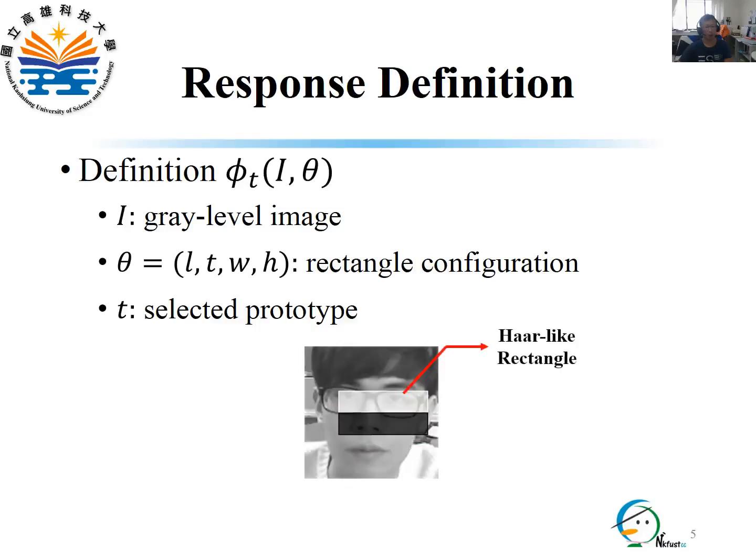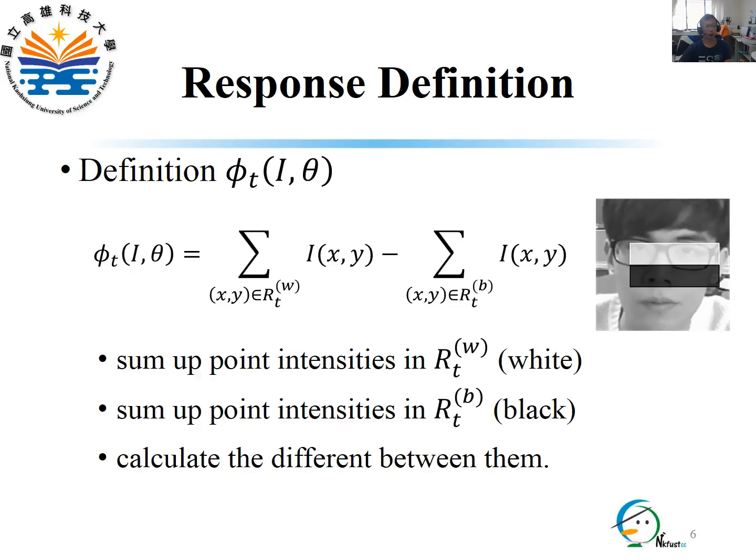The rectangle with a Haar-like prototype is called the Haar-like rectangle, which consists of several black and white rectangles. φ_t(I, θ) is defined as the difference between the sum of pixel intensities in white rectangles and the sum in black rectangles.